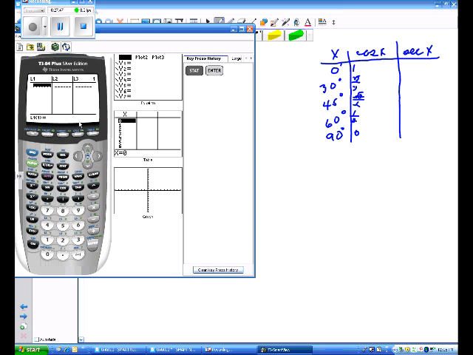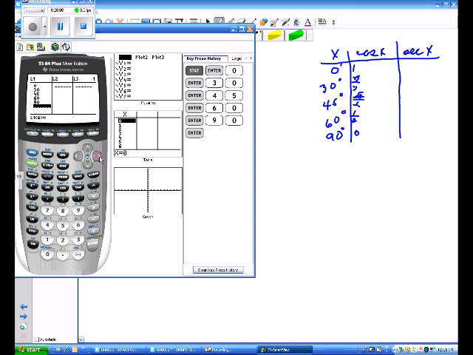Notice it sets us up a table here. In this first column, we're wanting to enter these values. So we'll enter 0, enter 30. And this is going to get us all of our answers at once, where we won't have to go through so much. 45, 60, and 90.